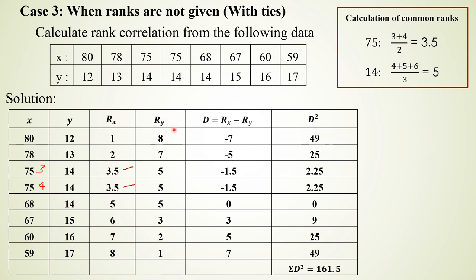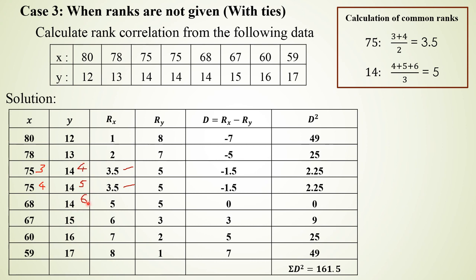Now let me compute the rank for the variable y. Now observe the second column over here. The highest value for the variable y is 17, which corresponds to the first rank. Next highest value is 16, that corresponds to the second rank. The third highest value is 15, and hence the rank is 3. The next highest value is 14, but however I cannot assign the rank as 4, 5, 6 since the values are same over here.